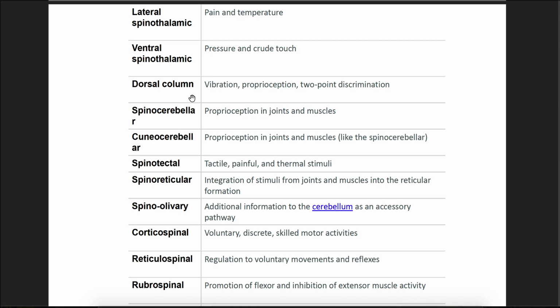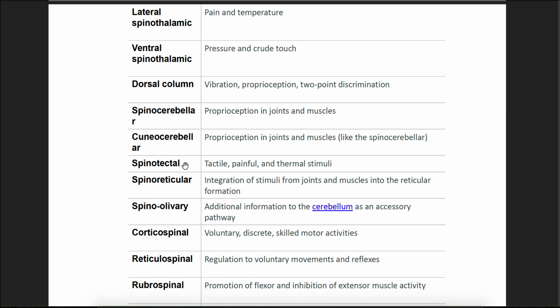Dorsal column was fasciculus gracilis and fasciculus cuneatus: vibration, proprioception, two-point discrimination. Spinocerebellar, we had two, anterior and posterior spinocerebellar, concerned with unconscious proprioception. Cuneocerebellar, again, proprioception and muscle joint, unconscious proprioception.